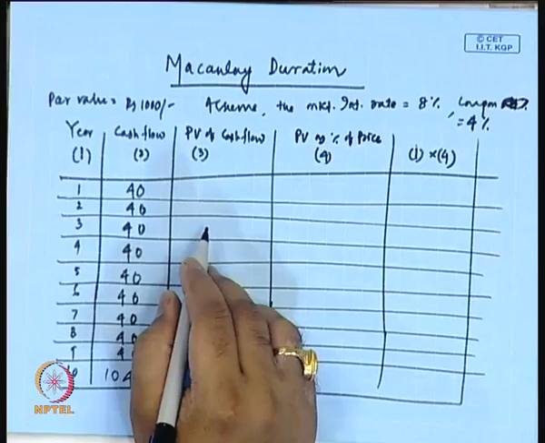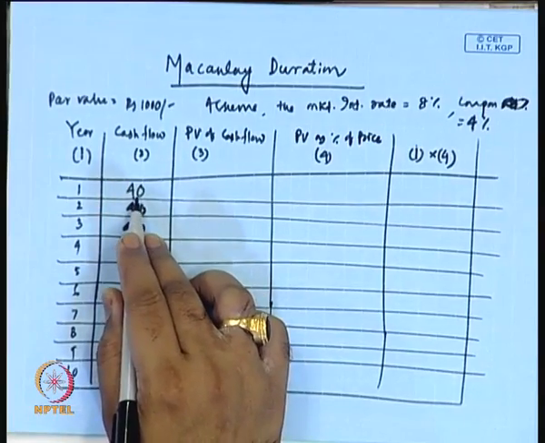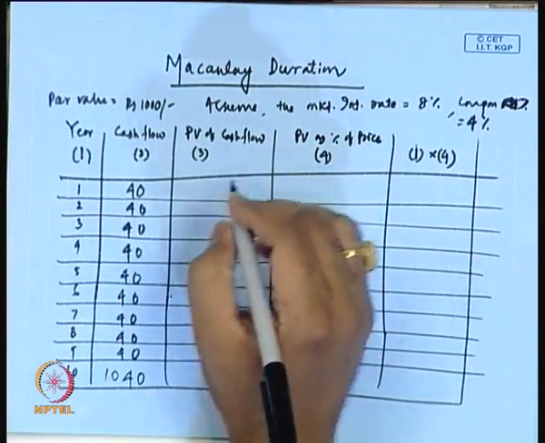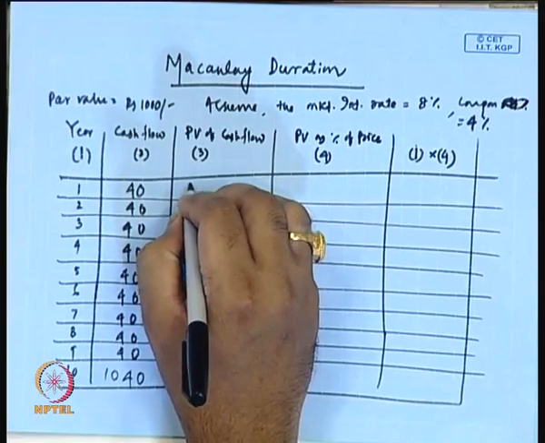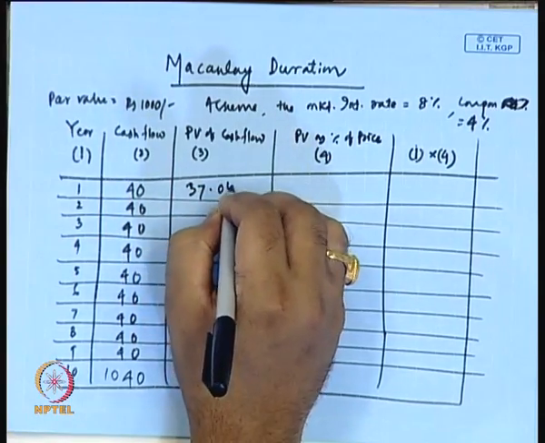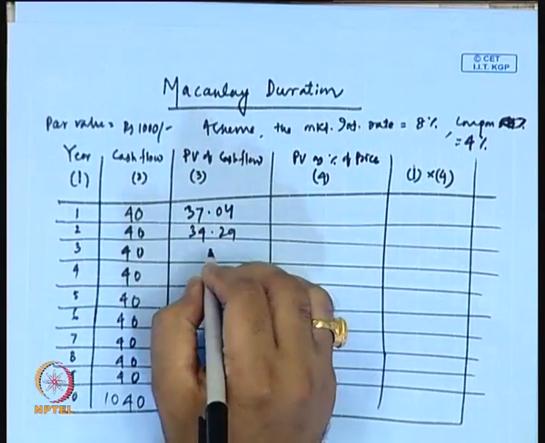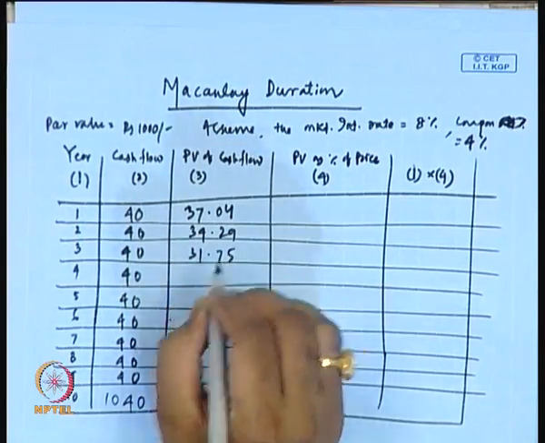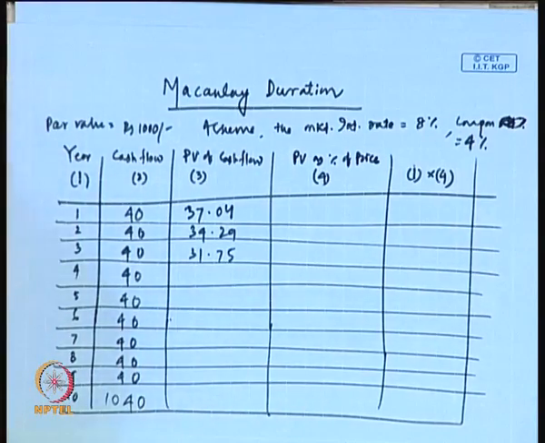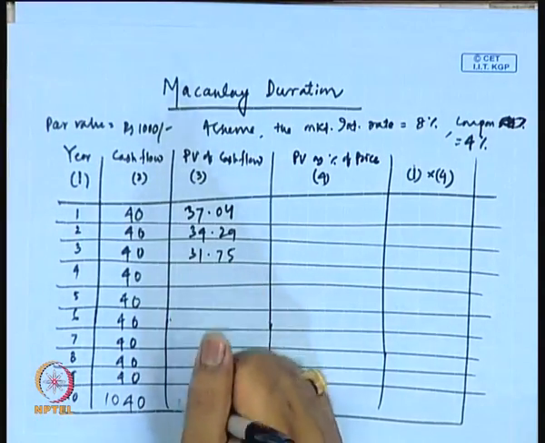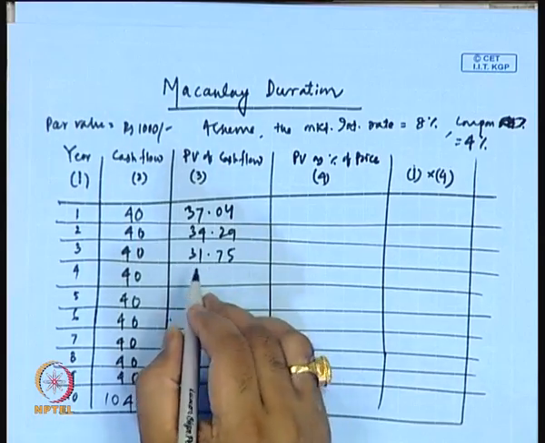Then the present value of the cash flow, if you want to calculate from the table, you can calculate it: it is 37.04, 34.09, this is 31.75. If you go on increasing your term to maturity, then automatically the present value of the cash flow will be declining.